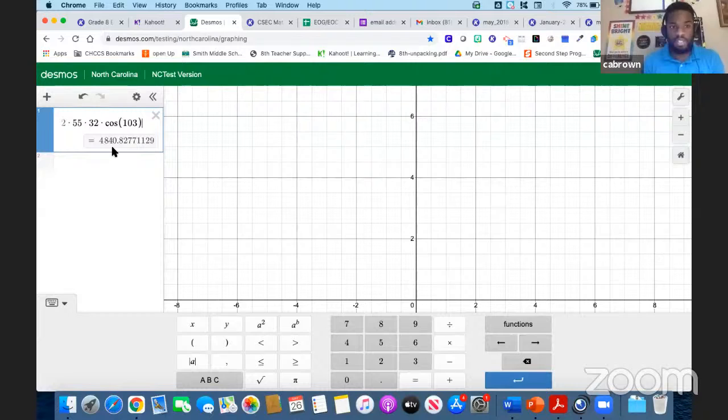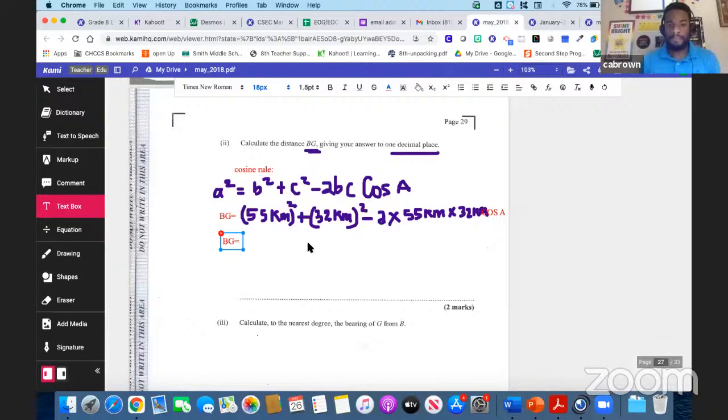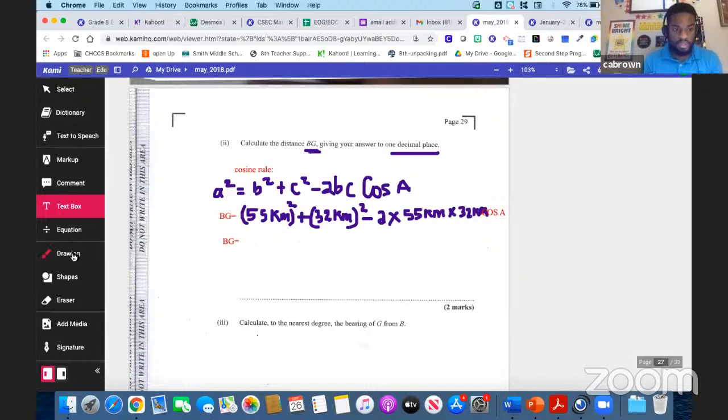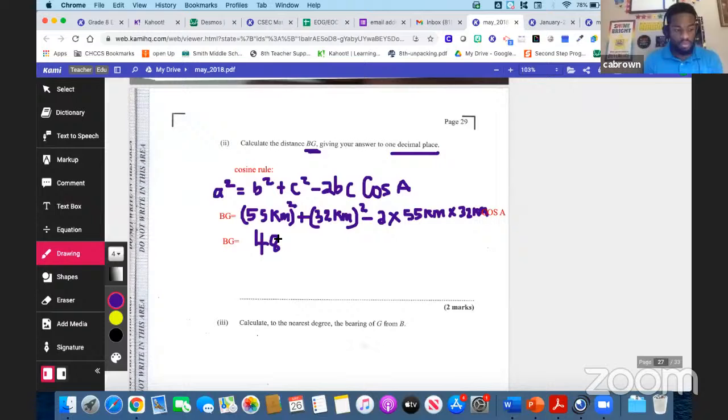So all of that is equal to 4,840.83. Do we see that so far? All I did was put all of this in the calculator, and I got 4,840.83.